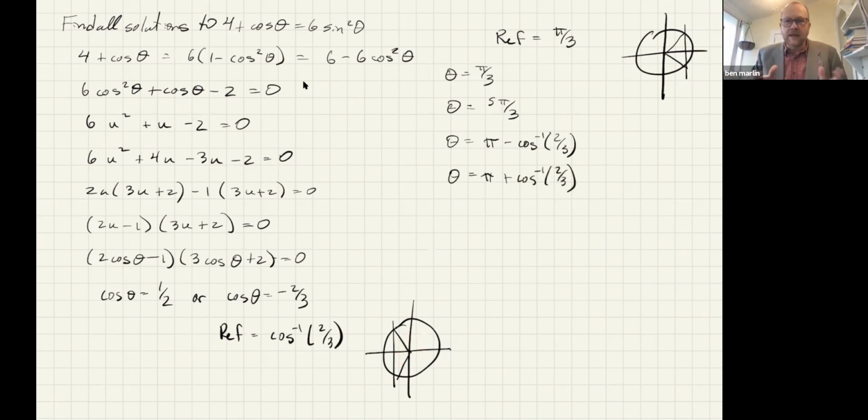Okay. Now, last piece on this is we need not just those 4 solutions. We need every solution to this equation. And it turns out that is super easy for us to fix here. We just say plus 2n pi, plus 2n pi, plus 2n pi, plus 2n pi.